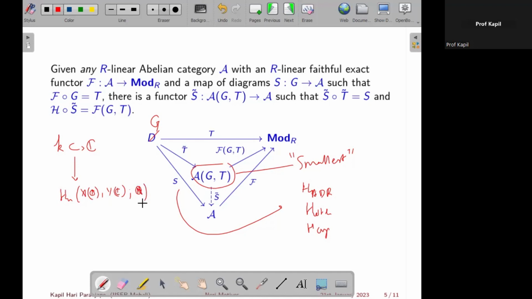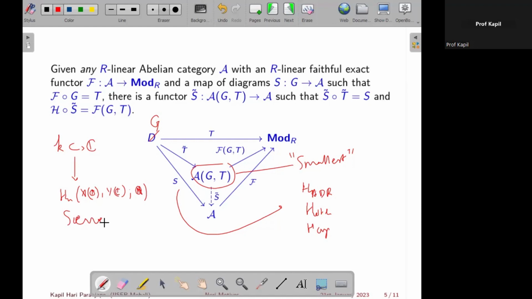If I change the embedding, it is not immediately obvious that I get the same groups. For homology it is actually isomorphic, but there is an example due to Serre, which shows that you can take the same variety, and for different embeddings of K in C, the fundamental groups are not isomorphic.